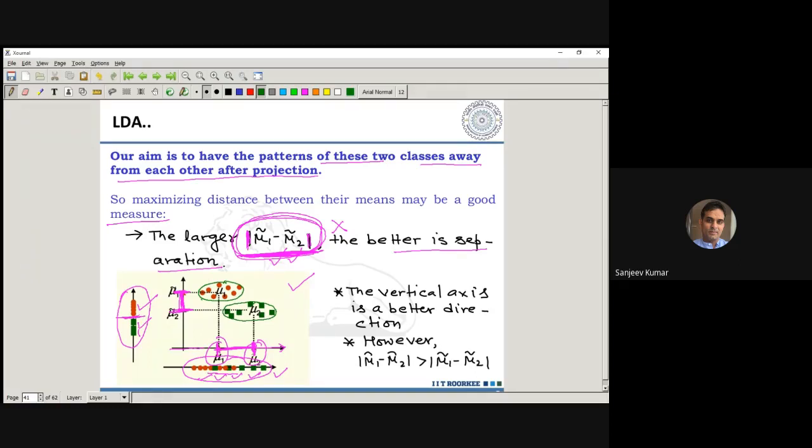Okay, so one criterion is this one: I will take that mu1 tilde minus mu2 tilde, the means after projection, should be far away from each other.